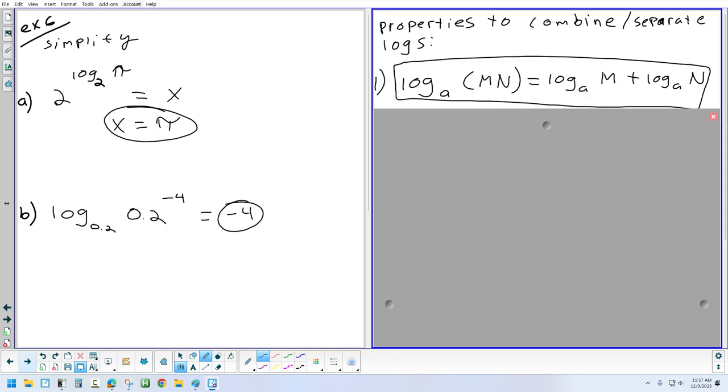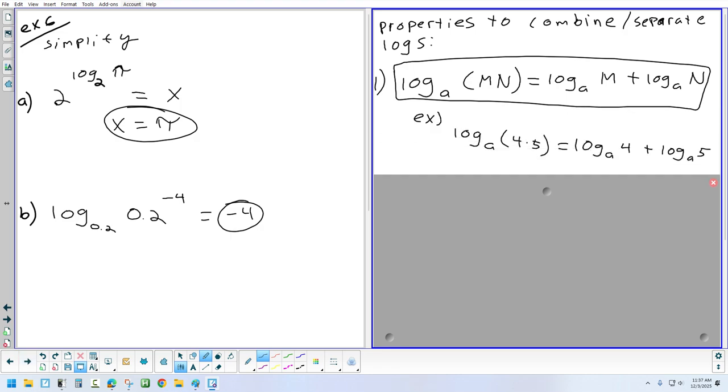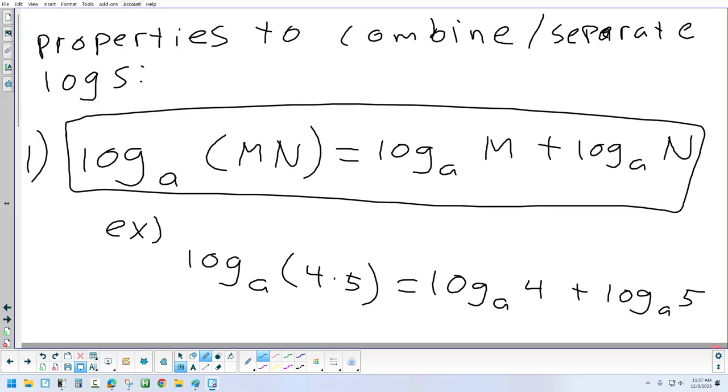So, last thing. The last thing we're going to look at is properties that allow us to take 2 logarithms that are separate and combine them together, or take 2 logs that are already together and split them apart. And here's an example of the first property. First property deals with having a product. You can have 2, 3, more than 2, but I'm just doing it for 2.